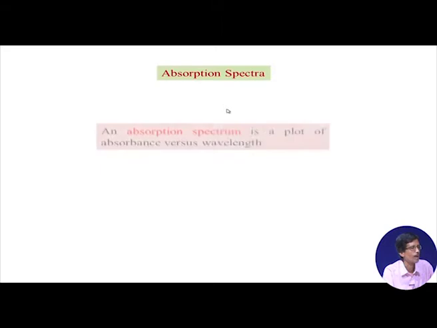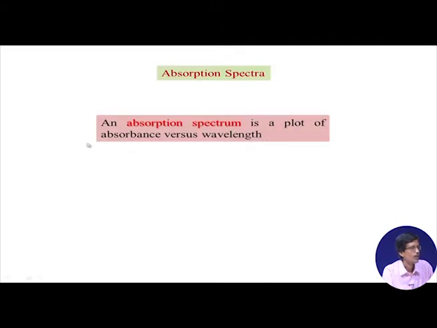Okay. So, what we get there is the corresponding spectra, which we call an absorption spectra. So, how do we define an absorption spectrum? An absorption spectrum is nothing but a plot of absorbance versus wavelength.